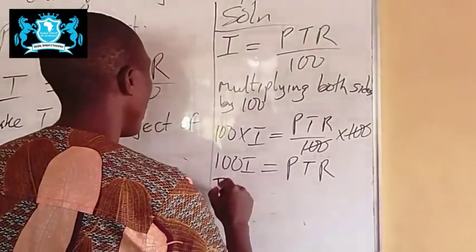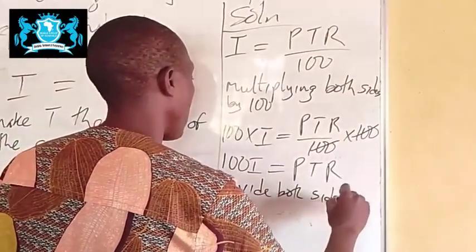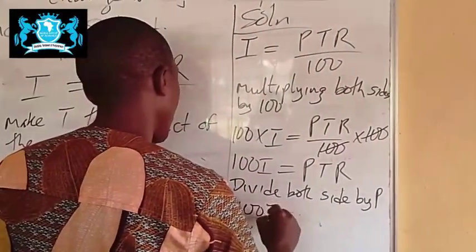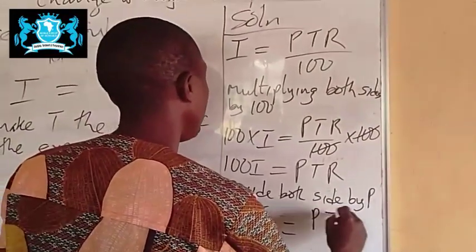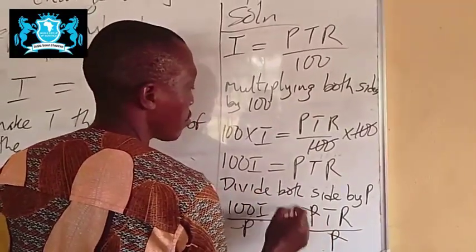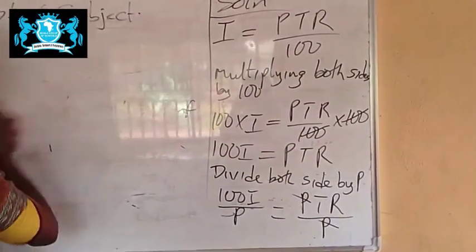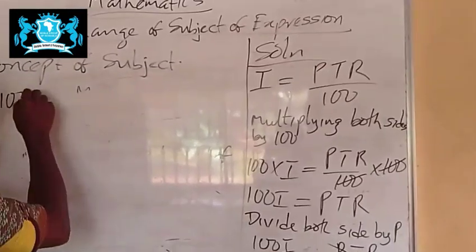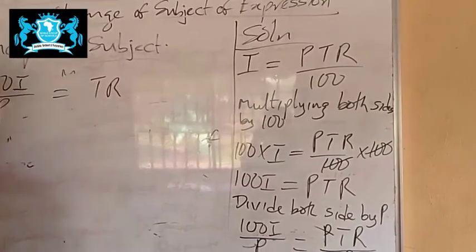So I say divide both sides by P. I will have 100I over P is equal to PTR over P. P cancels P, leaving me with 100I over P equal to TR.